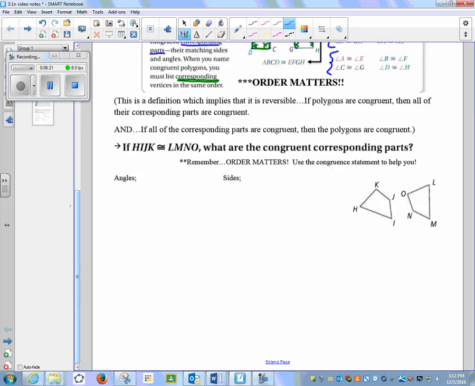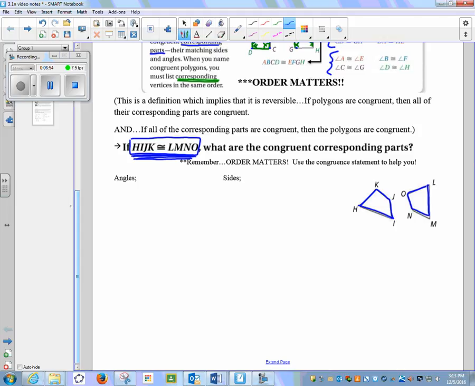If all of the corresponding parts of these two quadrilaterals are congruent, we can list them as congruent statements. So this congruent statement they give us, HIJK, that's right here, HIJK congruent to LMNO. The order that they wrote that in matters, remember.